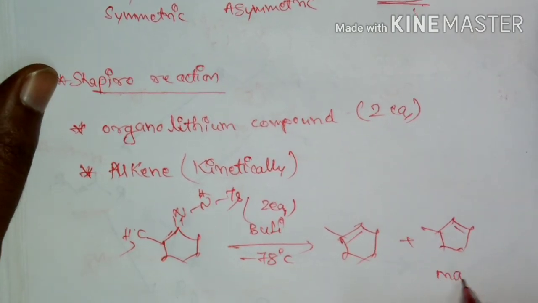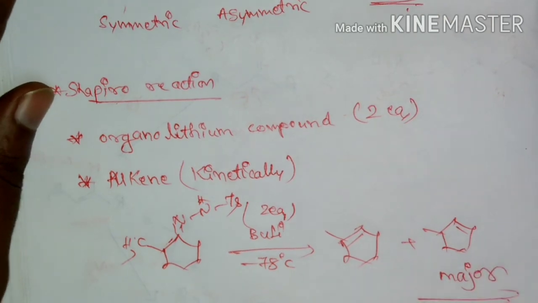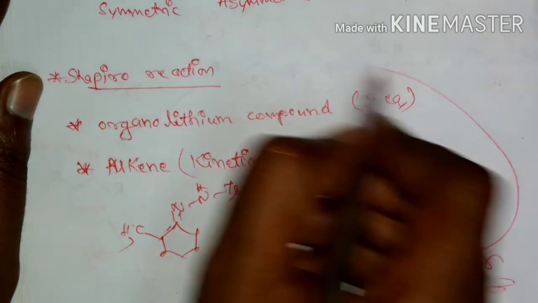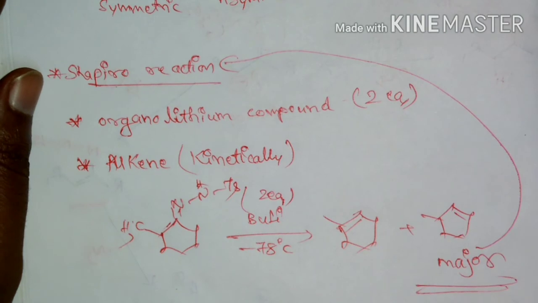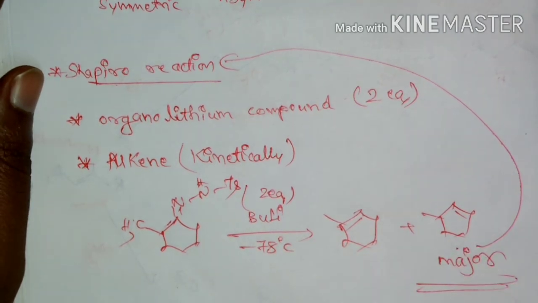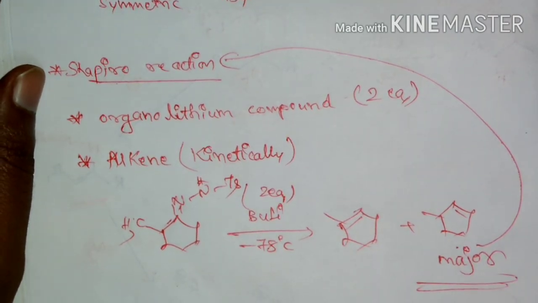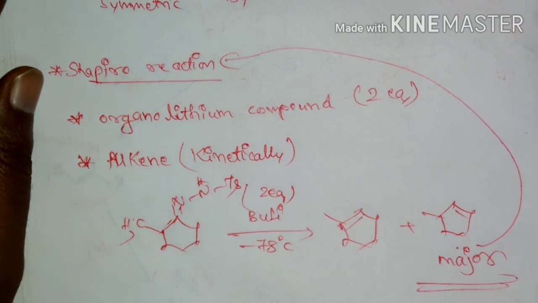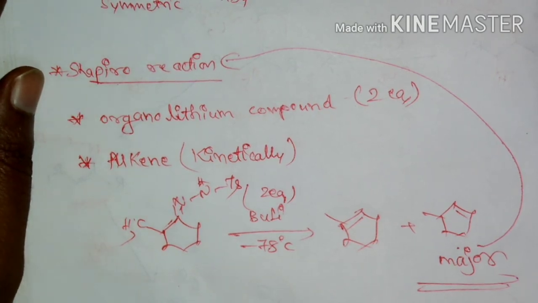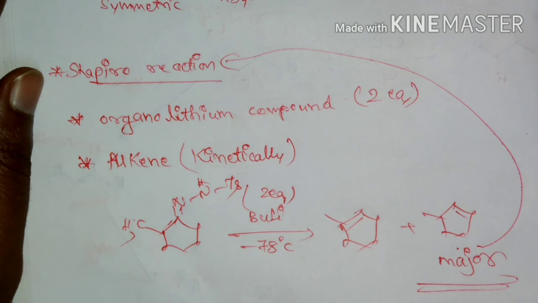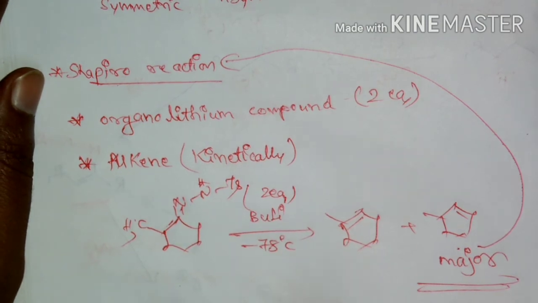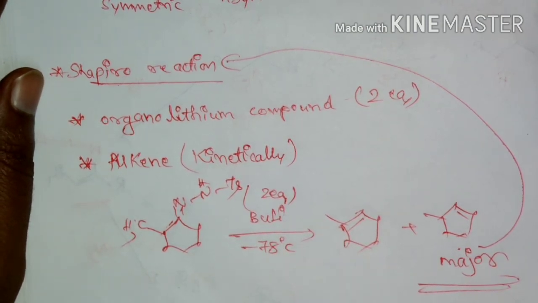Now in this case, this will be the major product, so that is Shapiro reaction. So the less substituted alkene will be the major product, whereas in the Bamford-Stevens reaction, the more substituted alkene will be the major product. So these are the important things you need to remember.